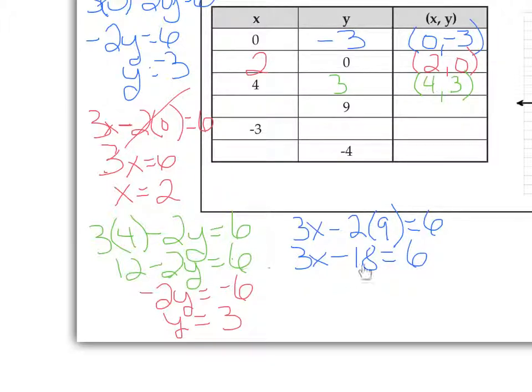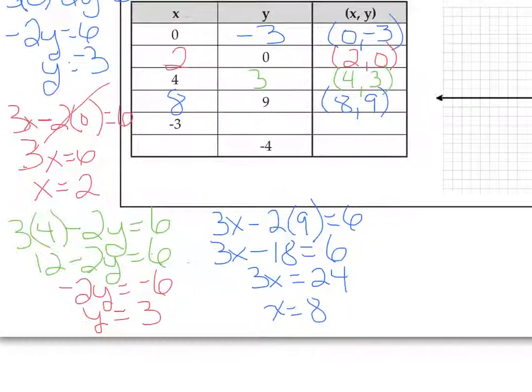And again, you're going to have to add this 18 to both sides because we're trying to solve for x. When you add 18 to 6, you end up with 3x equals 24. So x equals 8. Divide by 3. So this is the next ordered pair, 8, 9. I'm running out of space to write.